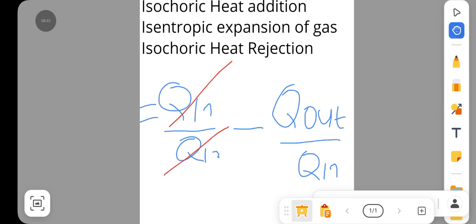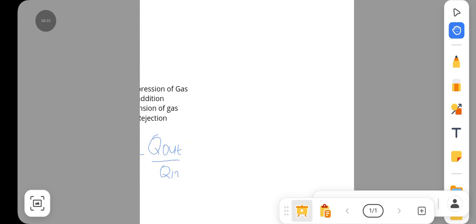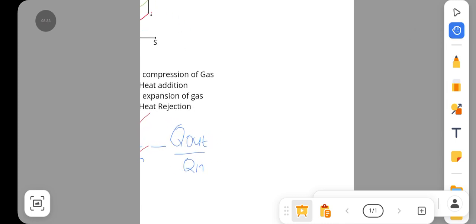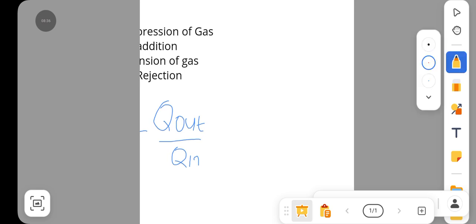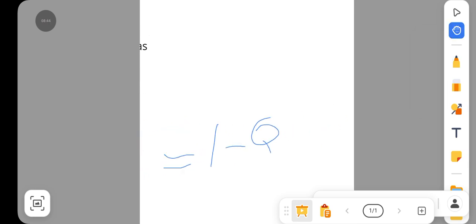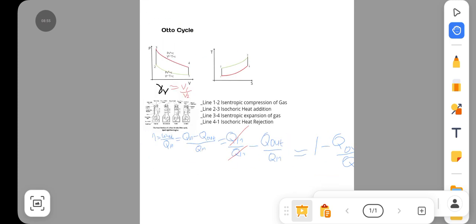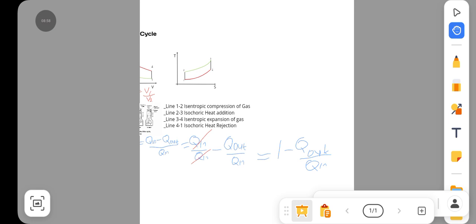So we eventually have 1 minus Q out over Q in, which is our formula for thermal efficiency.